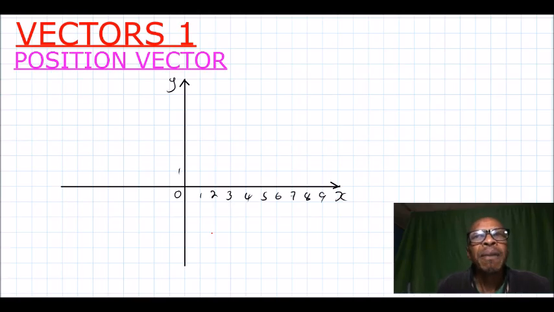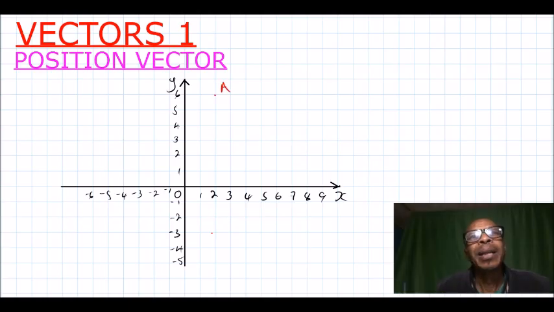We have 1, 2, 3, 4, 5, and 6. We also have -2, -3, -4, -5, -6. We have -1, -2, -3, -4, -5.